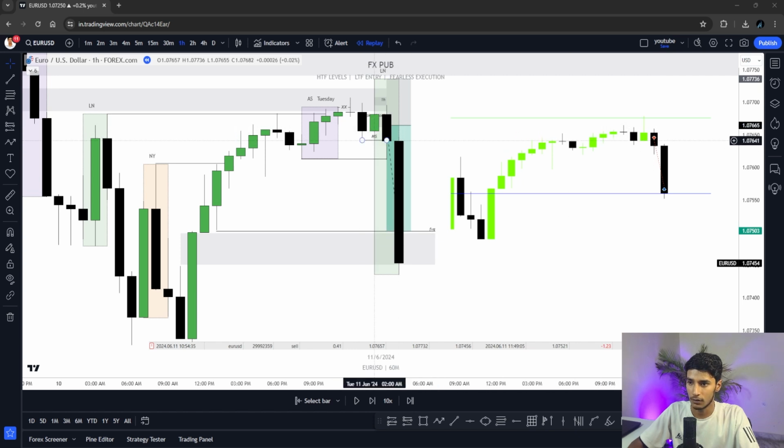If you see that candle, entry was here, and I took my position out inside this fair value gap or at this low. This was my TP, if you can see, and this was my position. EURUSD sell 0.41 position size. That was my commission. That was my overall TP 2R trade.